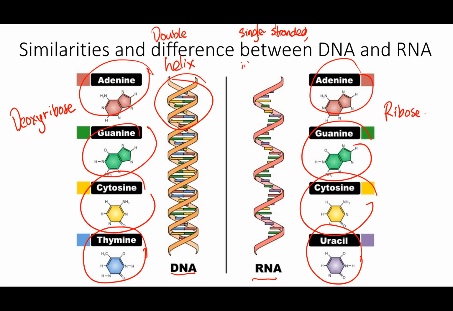And their shapes are usually irregular. So DNA has 2 strands, RNA has 1 strand. DNA has a double helix, RNA is irregular in shape. DNA is very big and stable. RNA is usually small and less stable. So far, so good.